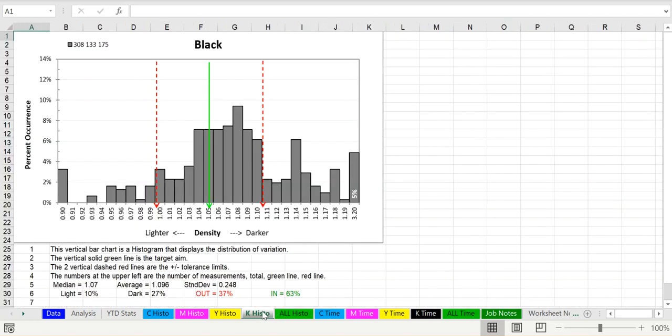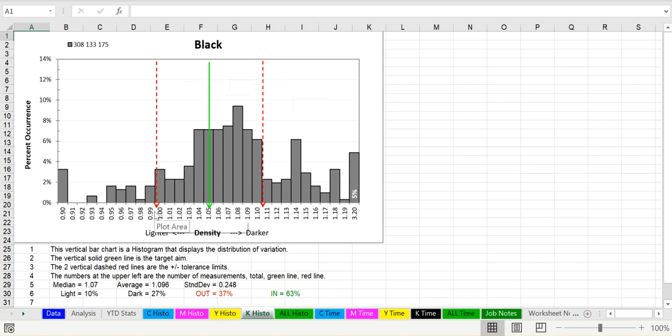As you know, a histogram is a vertical bar chart that shows you the amount of variation. And what we did here is we superimposed the specifications from SNAP, S-N-A-P, which is specifications for newsprint advertising production. The target aim for black is 105, and the tolerance limits are plus and minus 5 points.